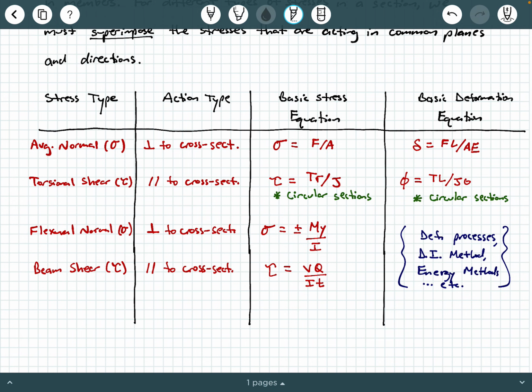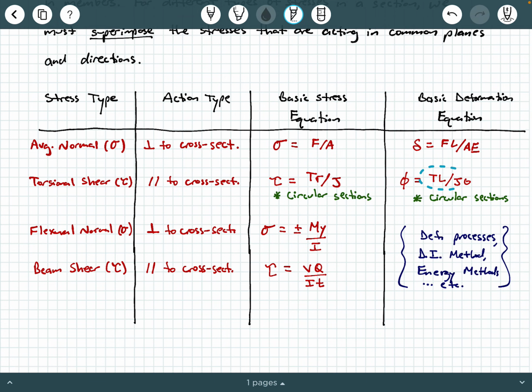The basic stress equation for torsional shear stress is TR over J for circular sections. So if you have a solid circle or a hollow circle, that's going to be the governing stress equation for torsional shear stress. The basic deformation equation is the angle of twist, and that equals TL over JG.